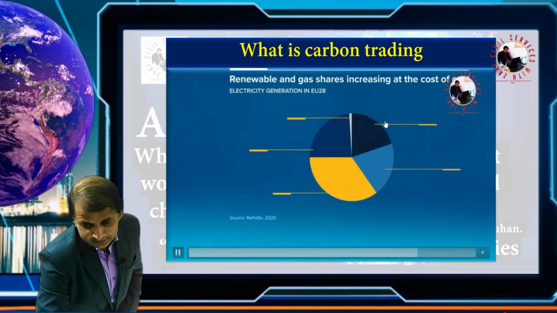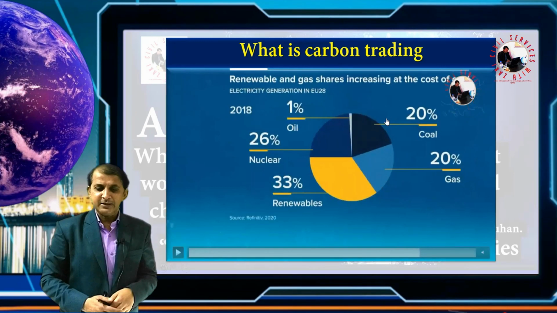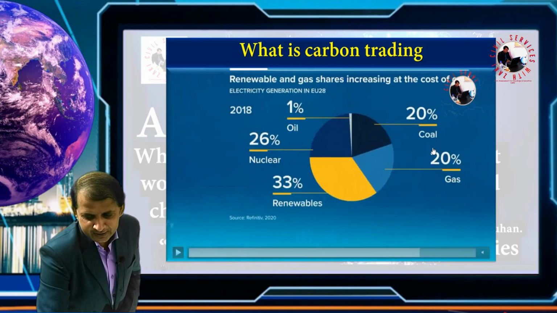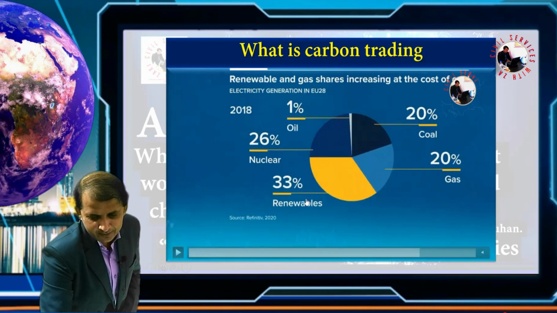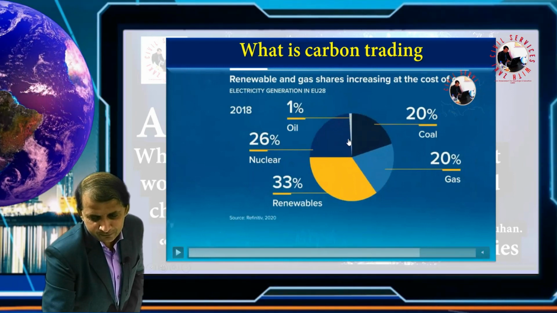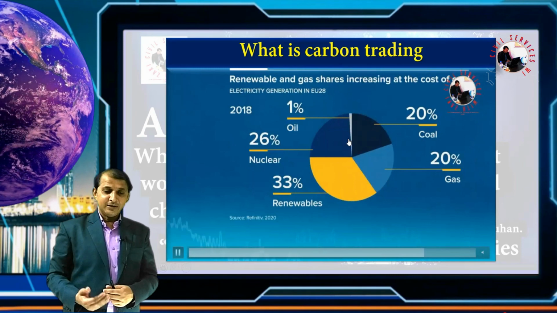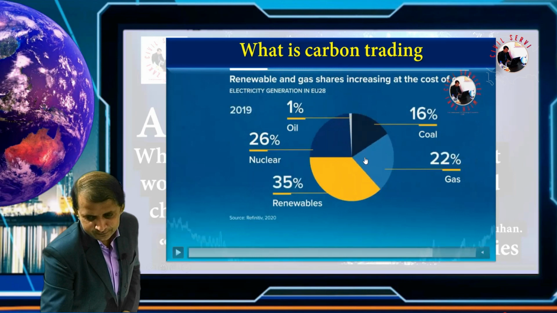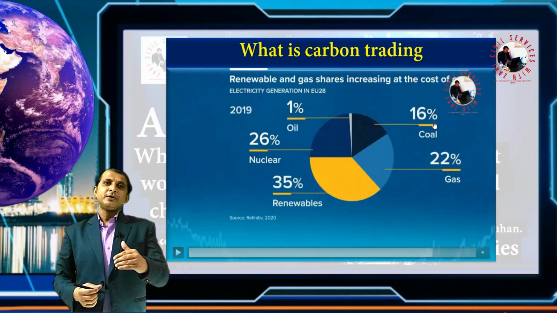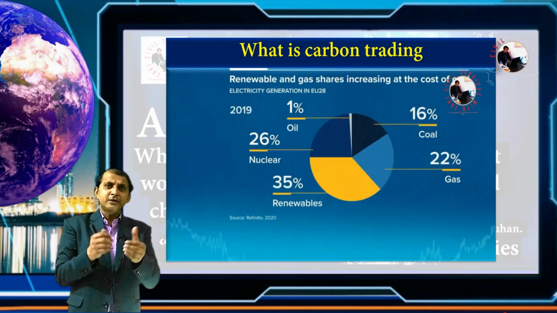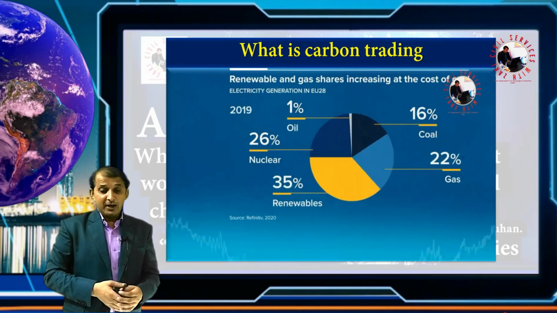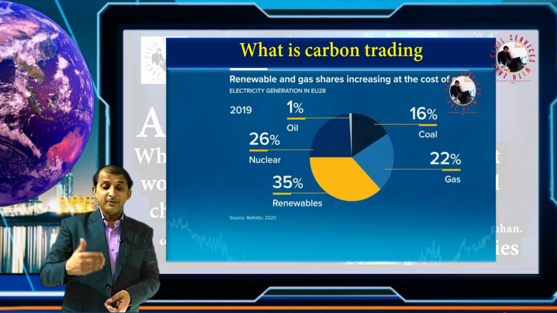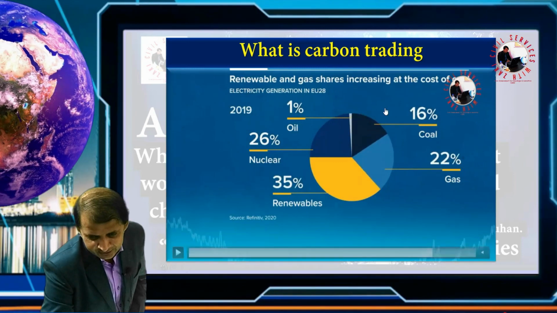On carbon reduction, in the 2018 data, coal is 20%, gas is 20%, renewable is 33%. After 2019, coal reduced from 60 to 20%, which is good news, and renewable rose from 30 to 35%, so this trading system is growing steadily.